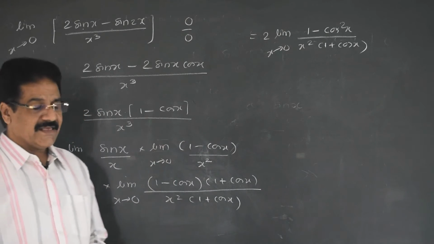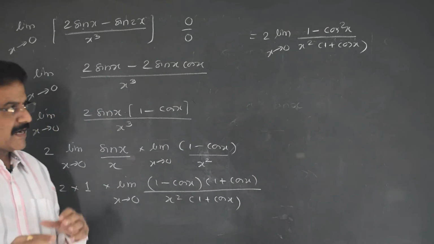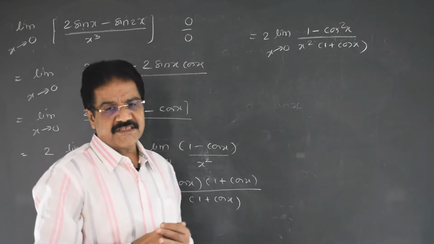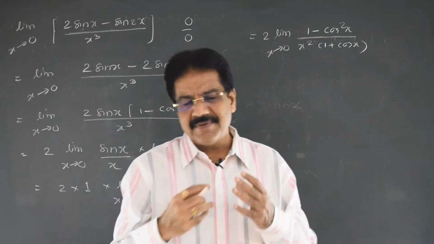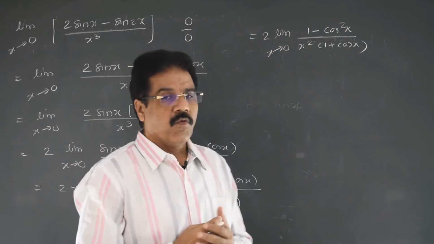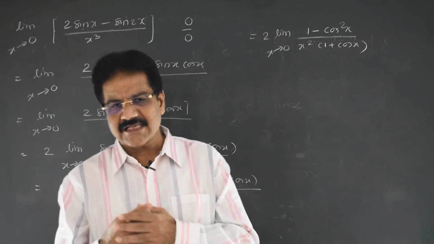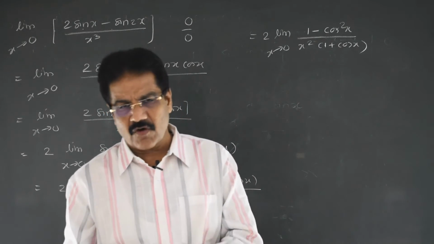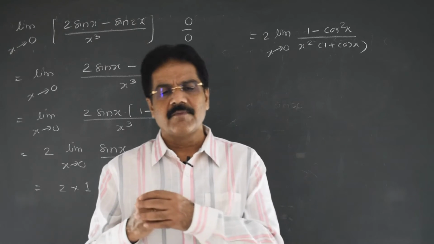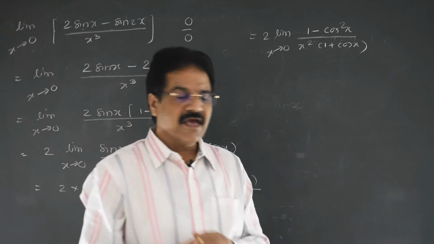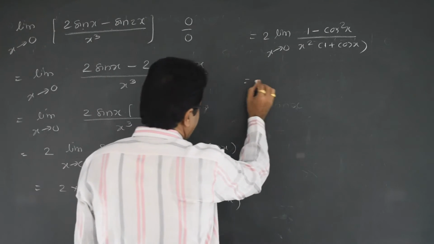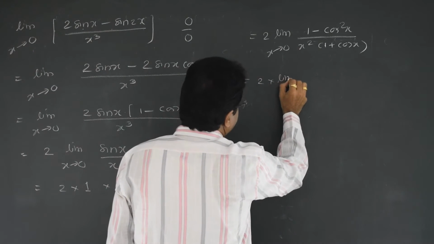Whenever we simplify this, we always have to check if there are 2 terms in the denominator, which term is finite and can be separated. So we can observe that 1 plus cos x, if we replace x by 0, we get 1 plus cos 0, and 1 plus cos 0 means we are getting 2 there, and therefore we are going to write down this expression in this manner.